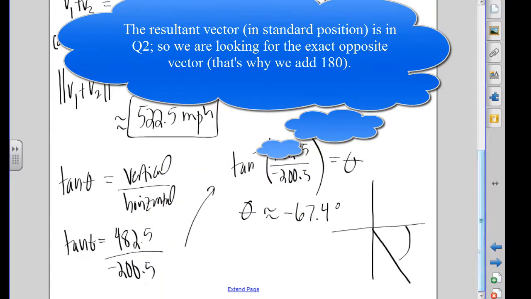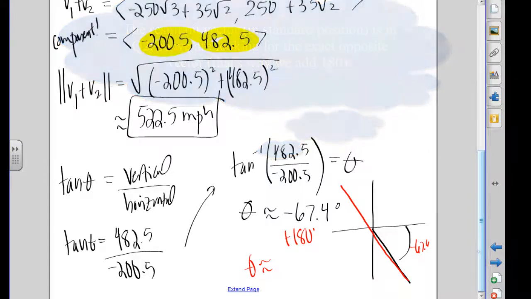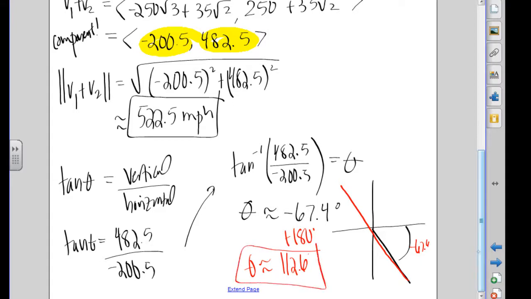We need theta to be in quadrant 2. So in order to rectify this, we take this negative 67.4 and extend it into quadrant 2 by adding 180 degrees. So theta comes out to approximately 112.6 degrees. Whew.